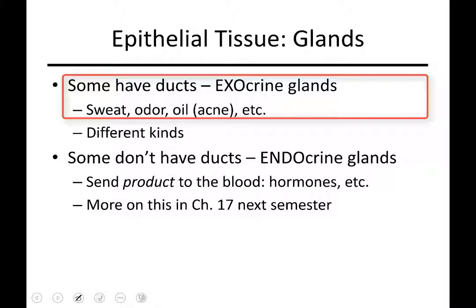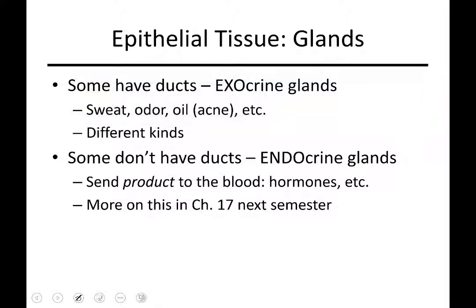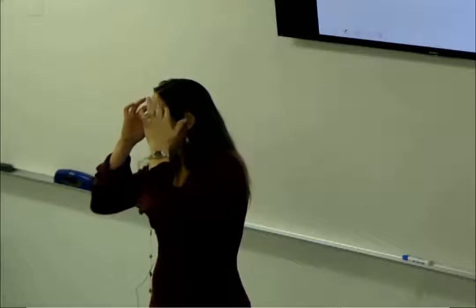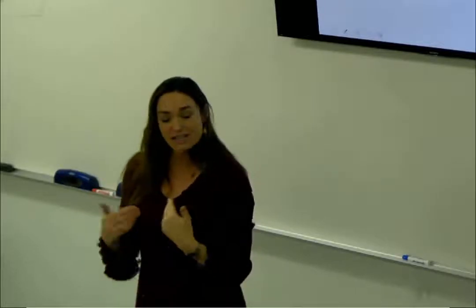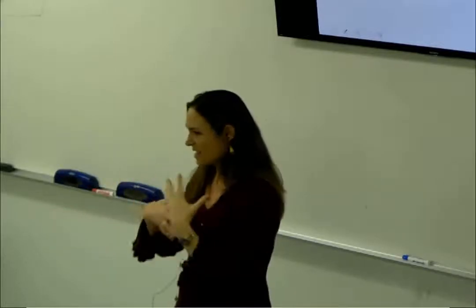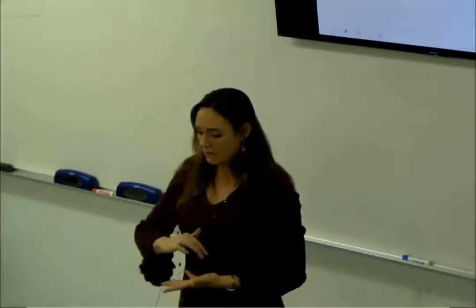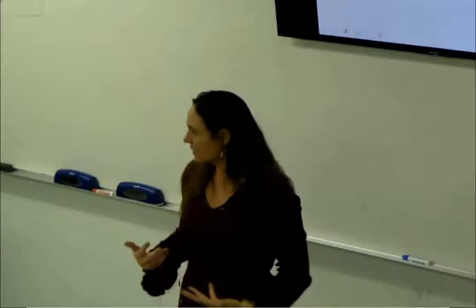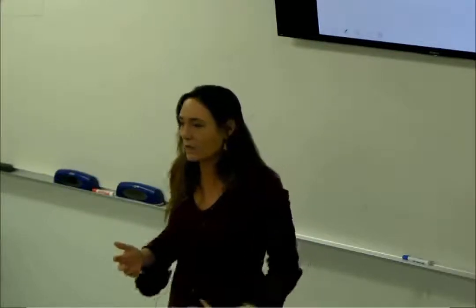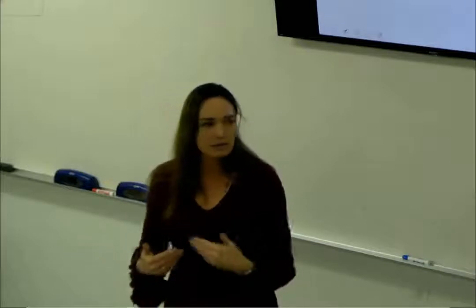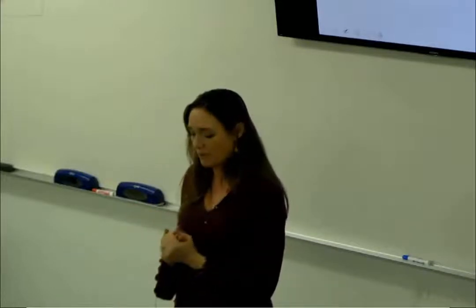The exocrine means it's going to go out a duct, say like a sweat gland. You have sweat beading on your forehead. It could also be, because now we've expanded our view of what's in and out of our body, anywhere a penny goes, if the penny is in our stomach, acid coming into our stomach is going to come from an exocrine gland because it's going out to that penny. That's still going out, at least in the perspective of our body.